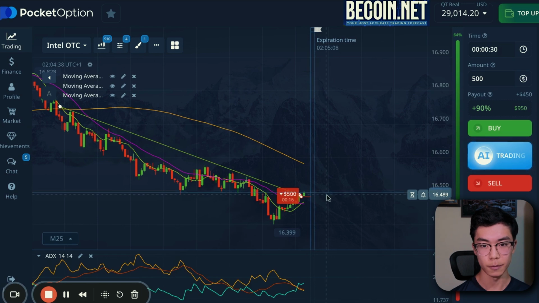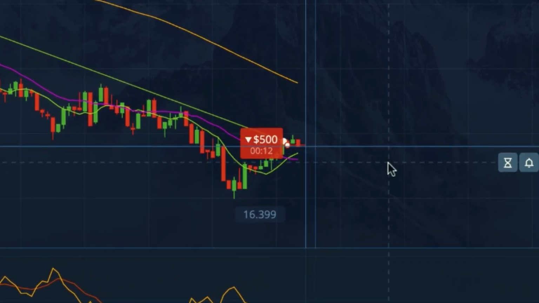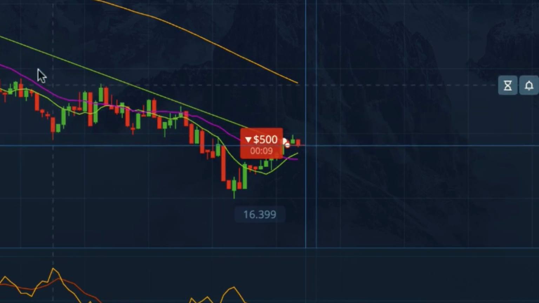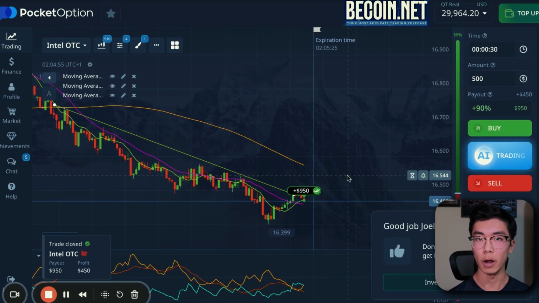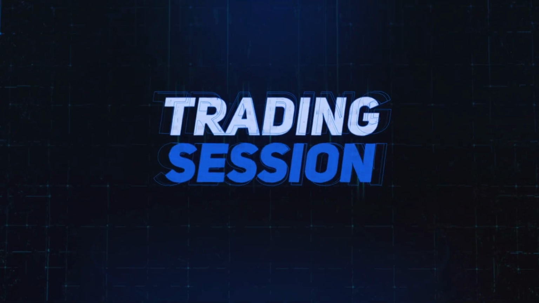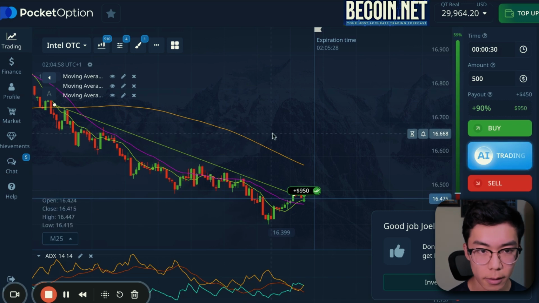So with this assumption, you can kind of just guess that things will continue to go downwards a little bit more, especially if it hits a resistance level like this one. Okay, and there was a profit just now. So we're going to wrap this video up with this trade right here.